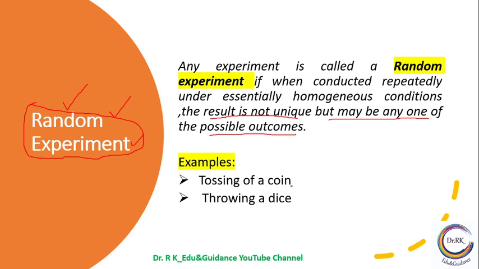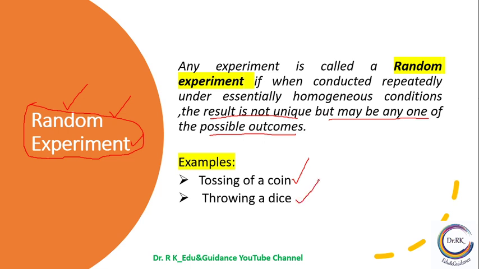Simple examples: if we toss a coin, we may get a head or a tail. Any one of these two is the outcome of this experiment, therefore this is called a random experiment. Similarly, throwing a die.